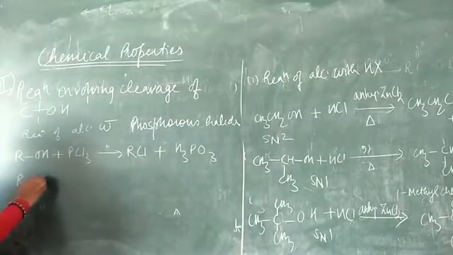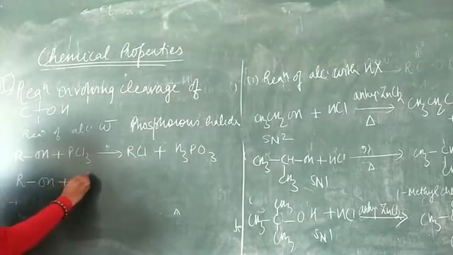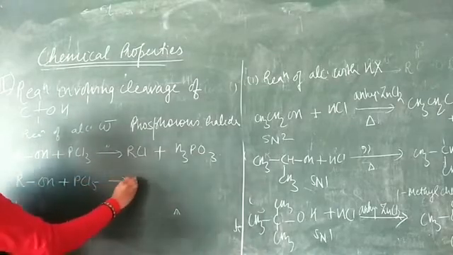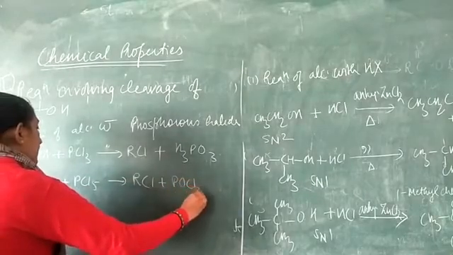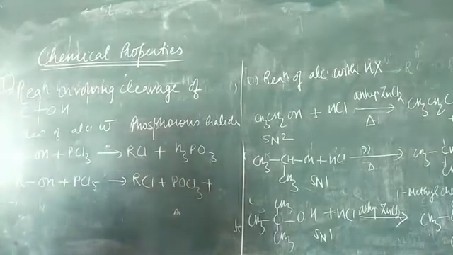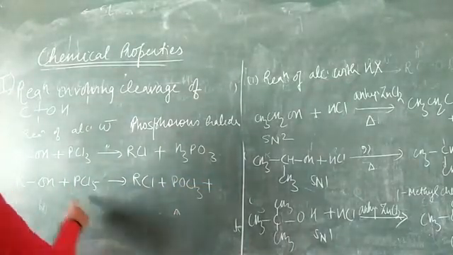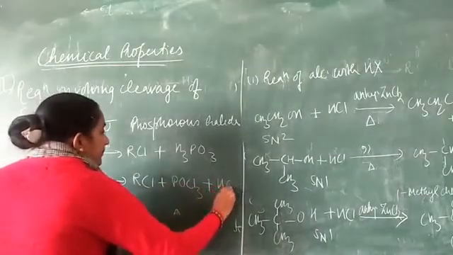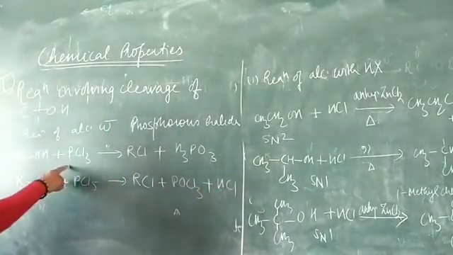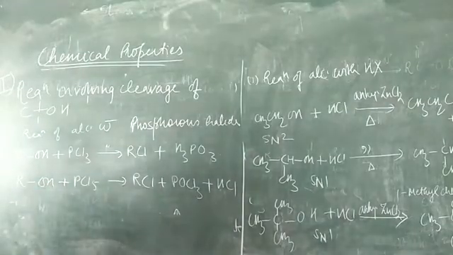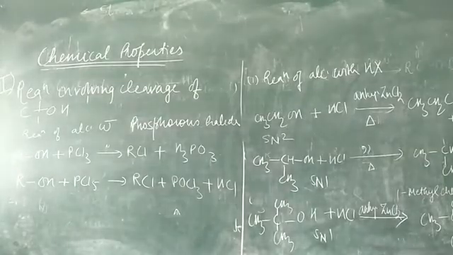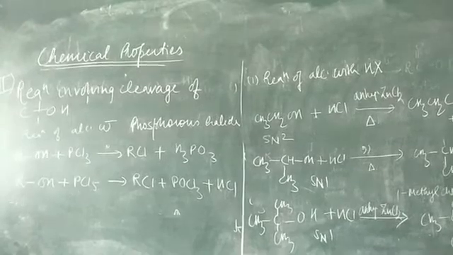And when it is ROH plus PCl5, you will get RCl plus POCl3 plus HCl. So here with ROH plus PCl3, we get H3PO3 along with the haloalkane.